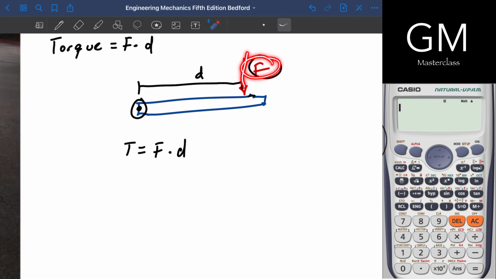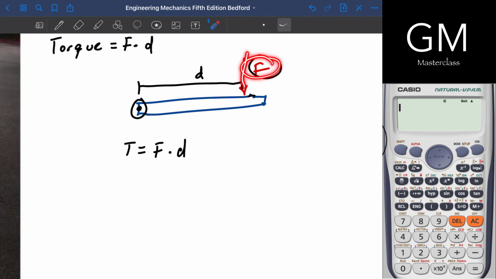So as you can see, this distance is transversal to the force. That is the principal thing that has to happen. Then, now that we've made this information clear, we can start to convert the units.